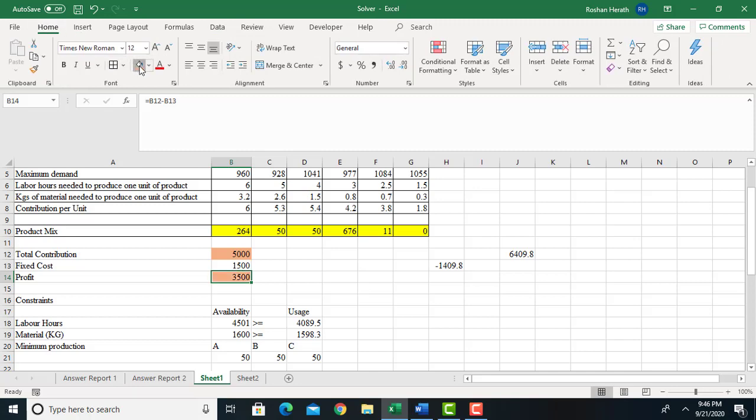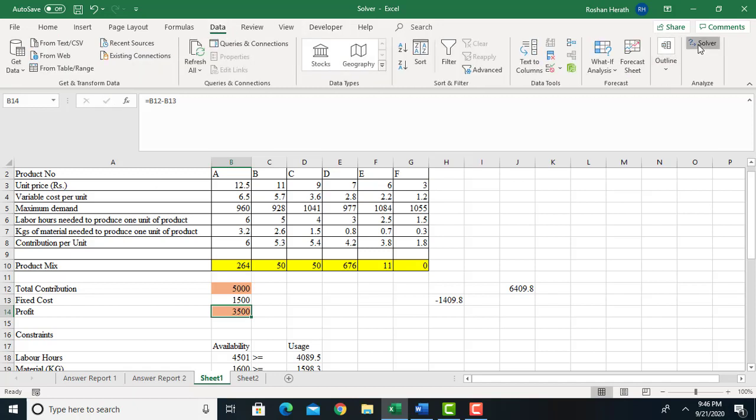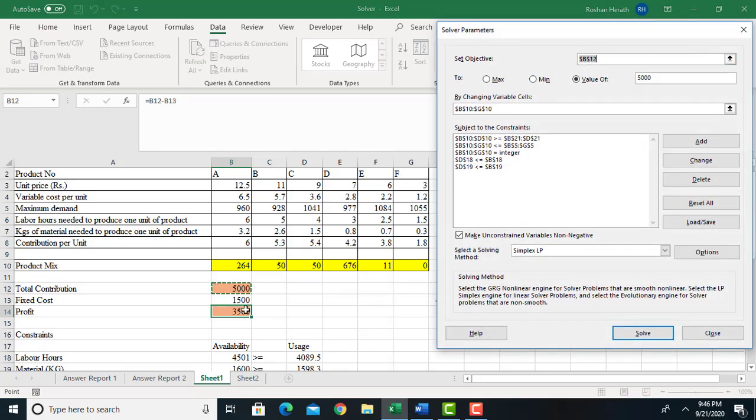Then the question asks you, what is the new profit and what is the new product mix? Hence this time you are going to change your objective. Go to data, solver. It's no longer B12, but it's now B14. You can select that.